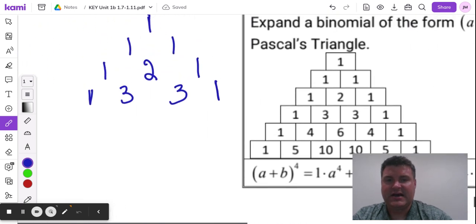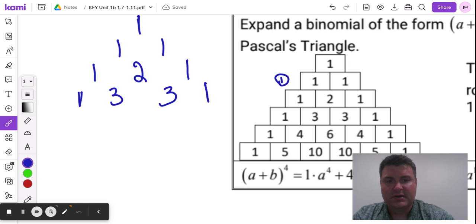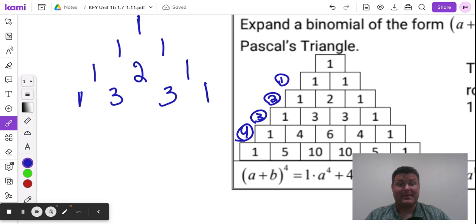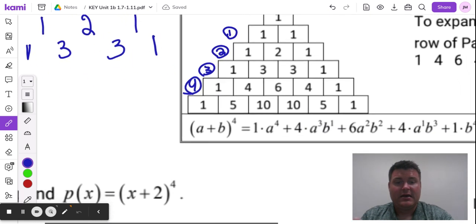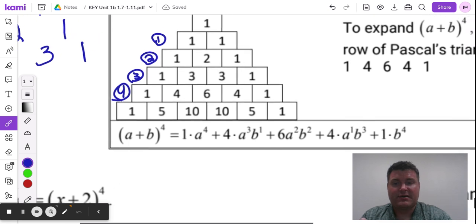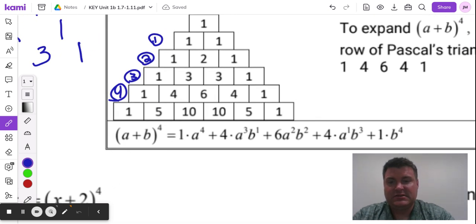If this is slot number 1 right here, then 2, 3, and 4, you notice the second number is 4, so that's why I call it the fourth slot. It's going to use the pattern of the coefficients: 1, 4, 6, 4, and 1. See how those match up with the triangle? What a fun little pattern that is.